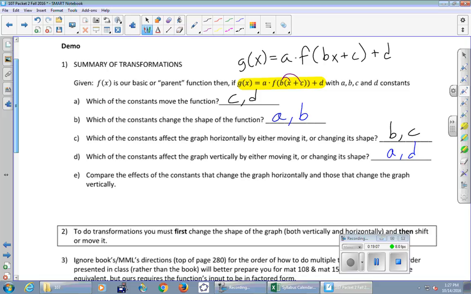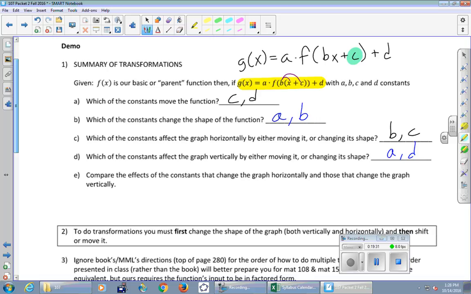Bx plus bc. I have a c and they would have a bc. But whether or not this magic number b is factored out, like in the highlighted version, or distributed, like in the unhighlighted version, affects how you interpret the horizontal stretches and compressions.